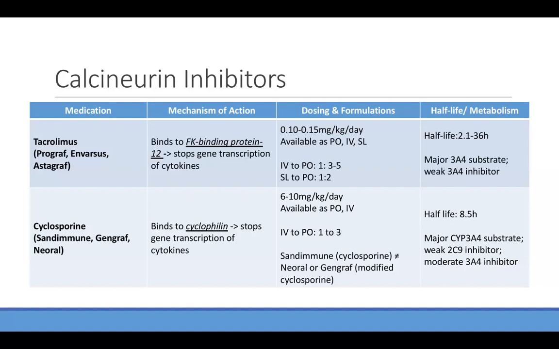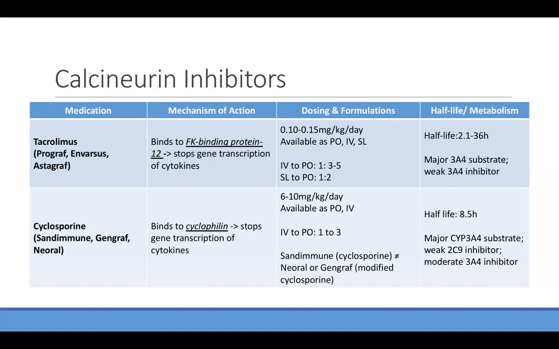So it comes in Sandimmune, which is cyclosporin, non-modified, or Neoral or Gengraf, which is modified cyclosporin, and they're not interchangeable. So the reason that's important is if you have a patient being readmitted, for example, from home, and you notice that cyclosporin is on their med list, it's good to confirm which formulation they have so we can start the right one when they're admitted into the hospital, since again, they are not interchangeable.